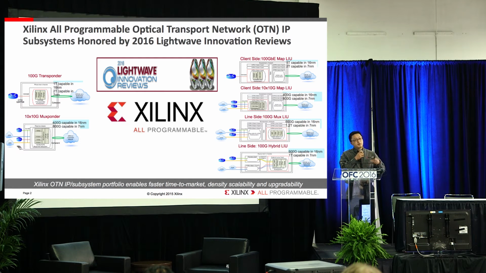All this subsystem really helps customers have a very fast time to market. And obviously with FPGA programmability, you can have a higher density design, and you also can upgrade your designs.